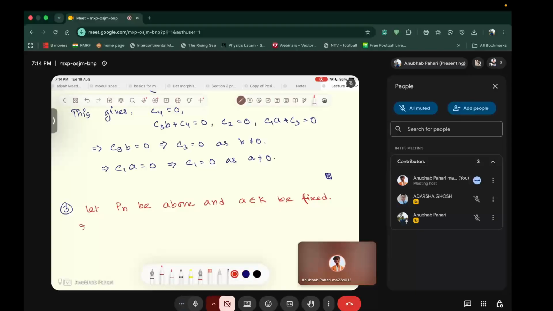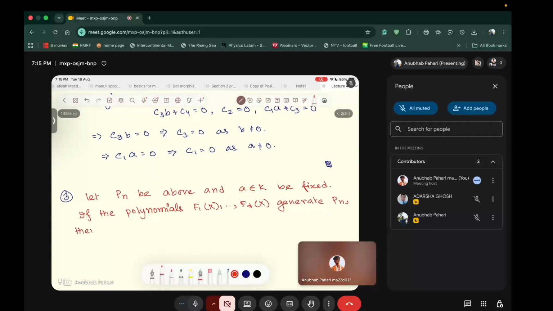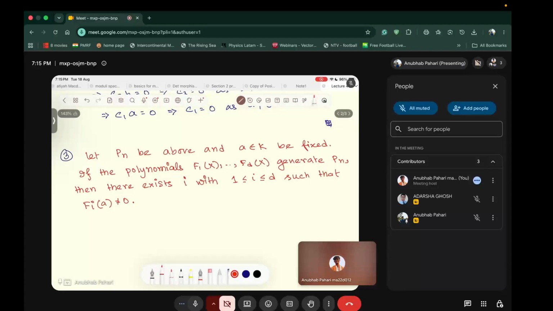If the polynomials f1(x) to fd(x) generate Pn, then there exists i with 1 less than or equal to i less than or equal to d such that fi(a) not equal to 0. Again you should try this for 3 minutes, then we should start. It is also a true false question.